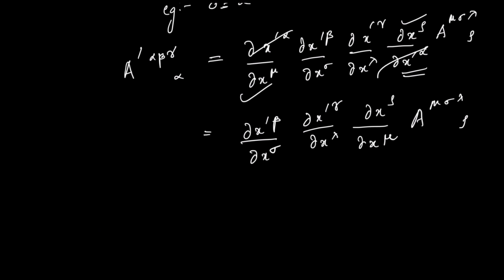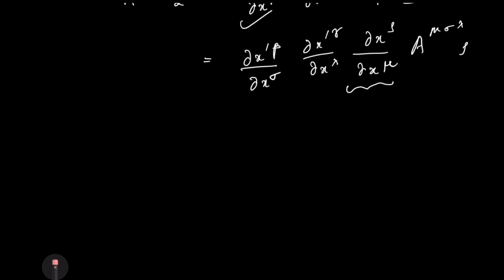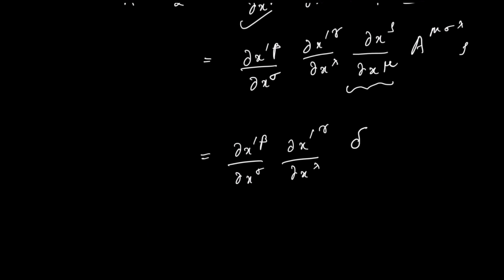Fine. Now, this is nothing but the Kronecker tensor that we have defined, right? So this can be written as the partial derivative of x prime beta, x sigma, x prime gamma with respect to x lambda, delta rho mu, A mu sigma lambda rho.